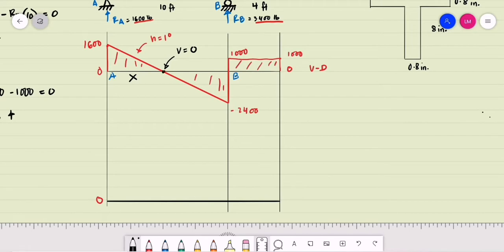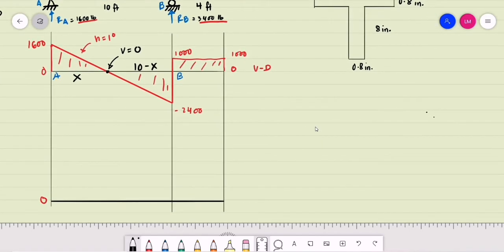So how do we compute for that value of x? If this is x, and this is 10 feet, then this is 10 minus x. We are to use ratio and proportion of similar triangles. So we have 1,600 is to x equal to, using absolute values, 2,400 is to 10 minus x, using these two similar triangles.